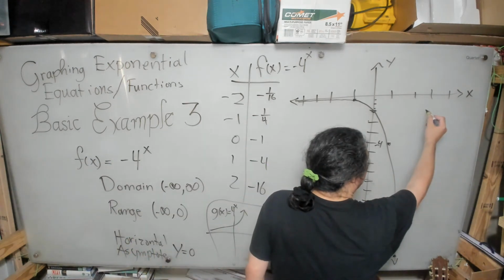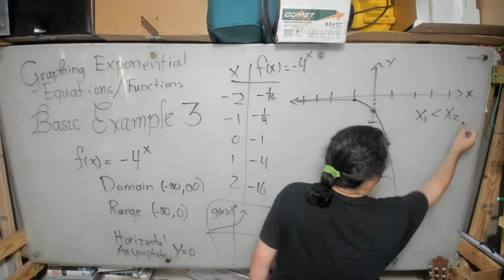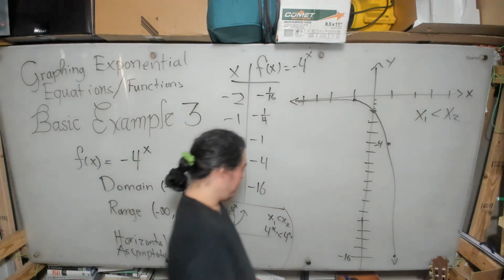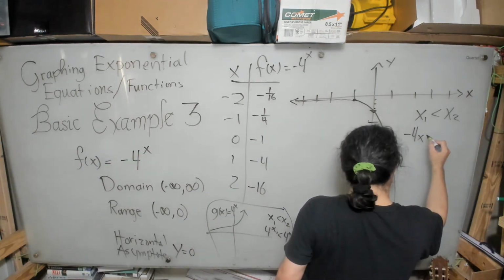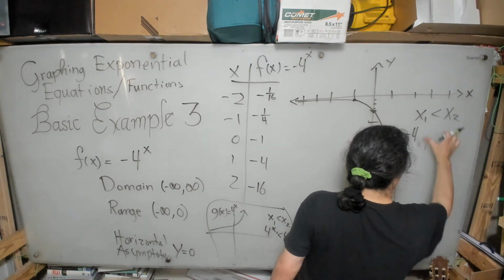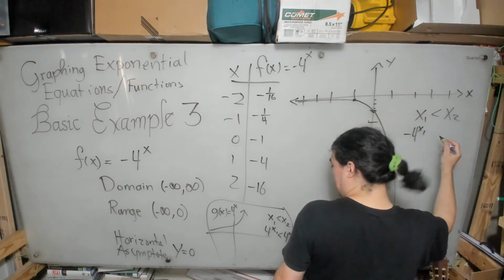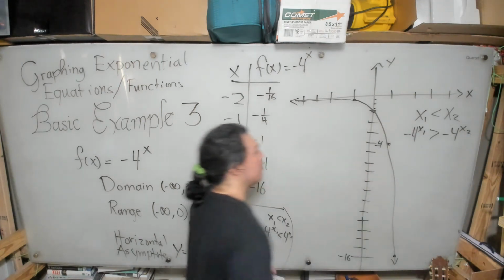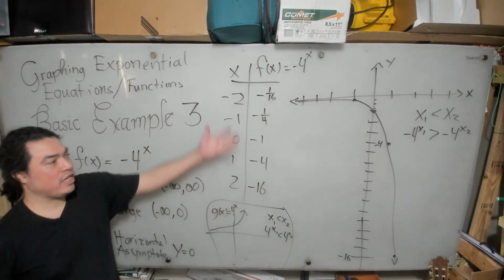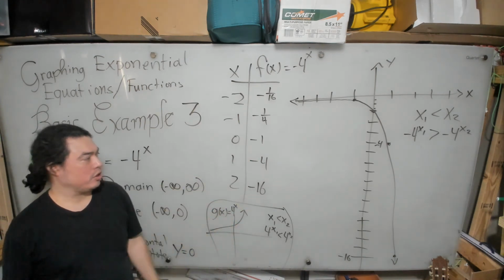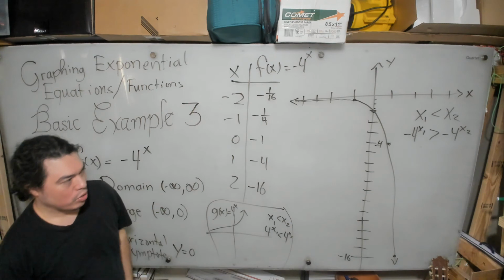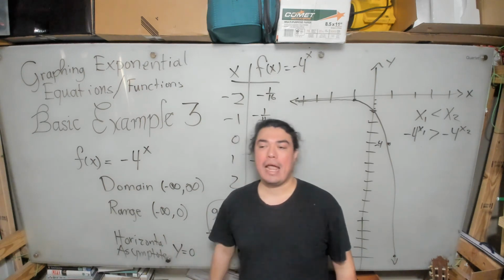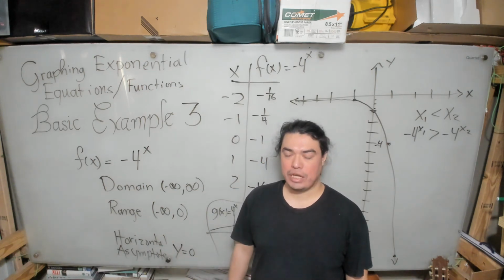So multiplying this inequality by negative 1 on both sides switches the inequality, and I get negative 4 to the x1 power is going to be bigger than negative 4 to the x2 power. And so you can see that in this reflection across the x-axis, the function negative 4 to the x is strictly decreasing. In any case, I think we've said everything we have to say about this particular example. I hope you've enjoyed it, and I look forward to seeing you soon. Thank you so much.